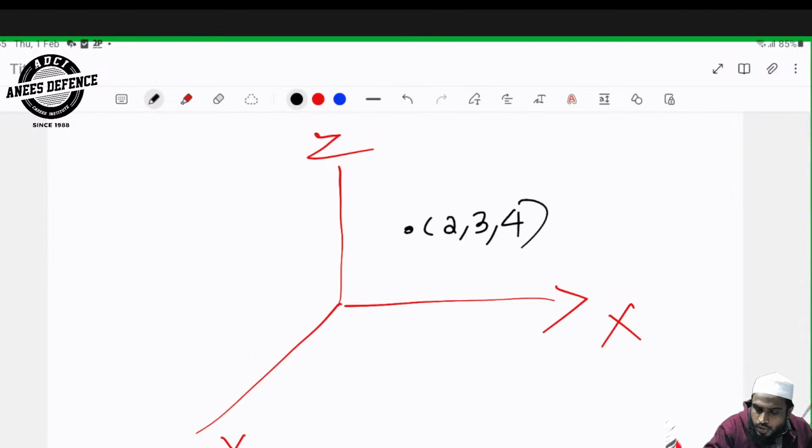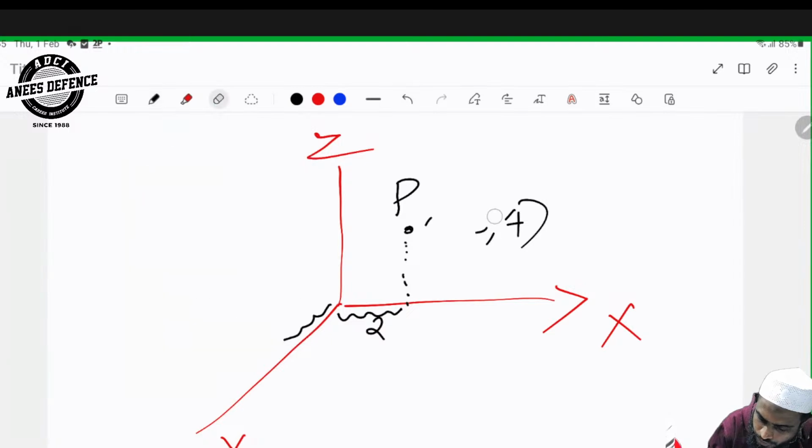This is point P. The distance of that point along the x-axis, and the distance of that point along the y-axis. Along the x-axis this distance will be 2. Similarly, I will draw it in a more clear way.